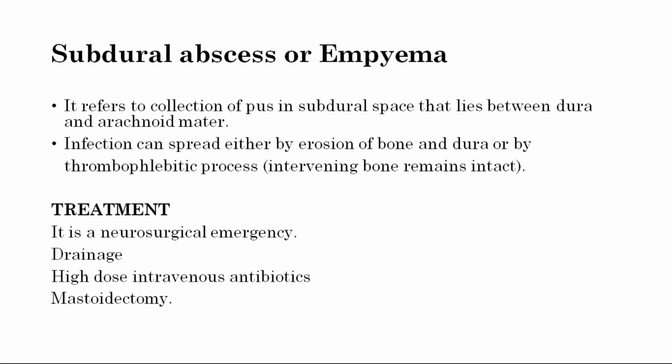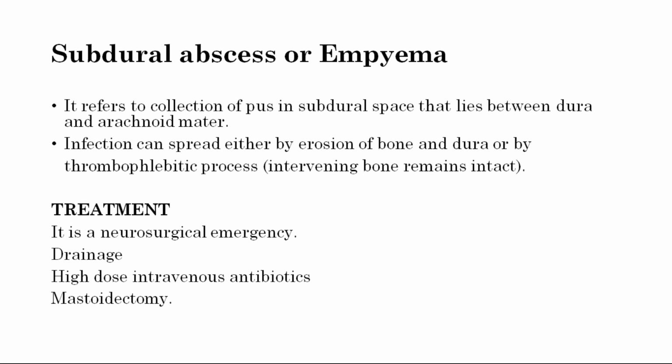The subdural abscess or empyema, it is a very serious condition and has a very high mortality, and it is one of the rarest intracranial complications. So subdural abscess means just below the dura, between the dura and the subarachnoid space.